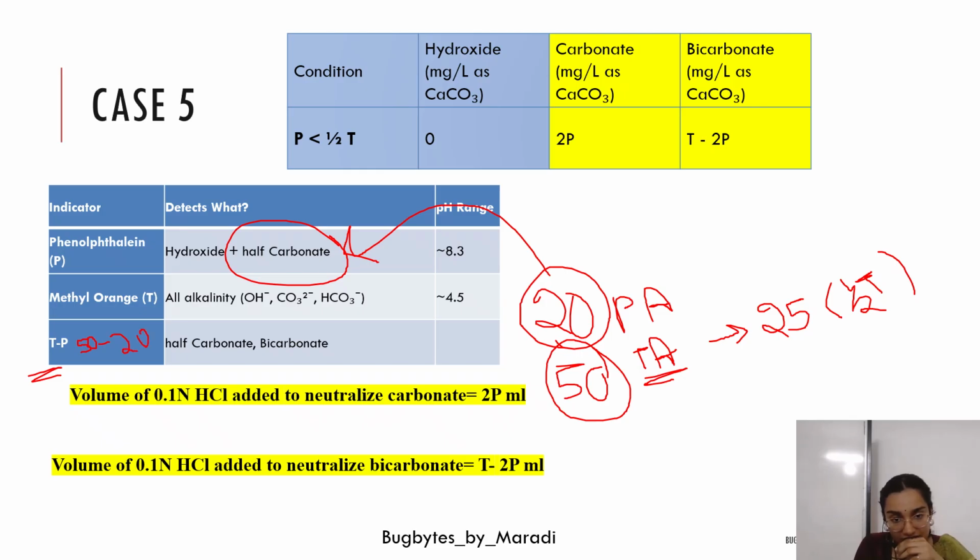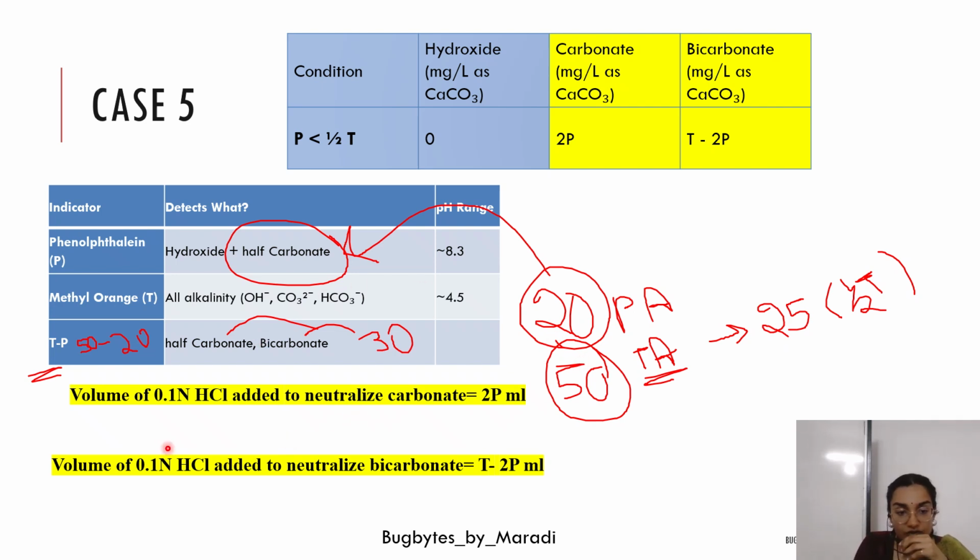So the remaining 30 is going to neutralize bicarbonate as well as the other half of the carbonate. That's why the volume of 0.1 N HCl added that neutralized carbonate will be here 20 ml, and here what is that particular volume? That is nothing but 20 plus 20, 2 times the P, 20 into 2, that is 40. So the answer will be 40.